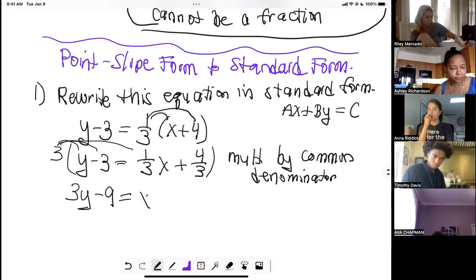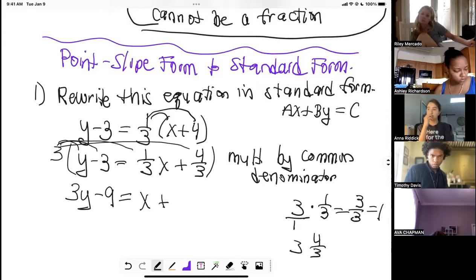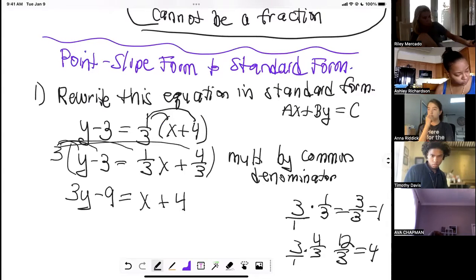So it's just x. Why is that? Remember, 3 is over 1. If I multiply across and across, I get 3 over 3, which is just 1. So 1/3 of 3 is just x. And then I'm going to multiply 3 times 4/3. So 3 over 1 times 4/3 would be 12 over 3, which is just 4. And all of a sudden, I don't have fractions.